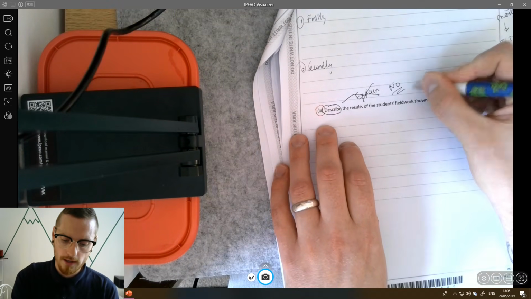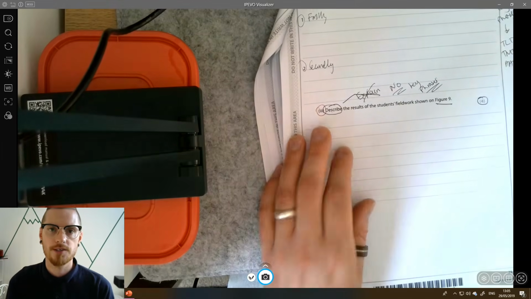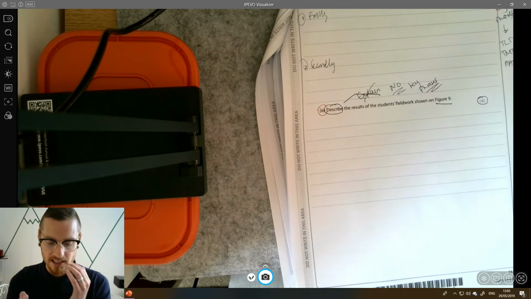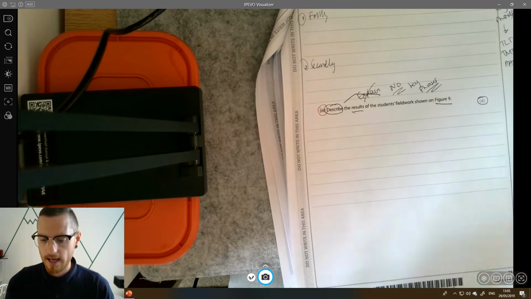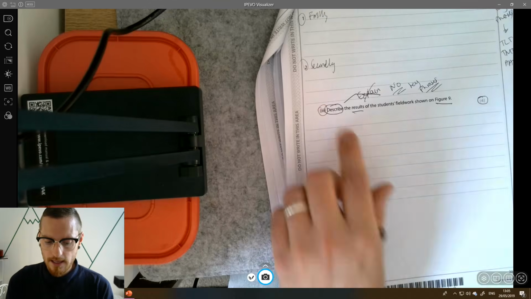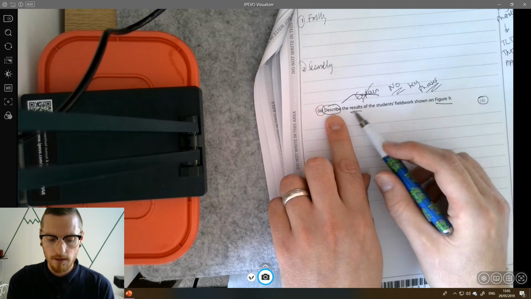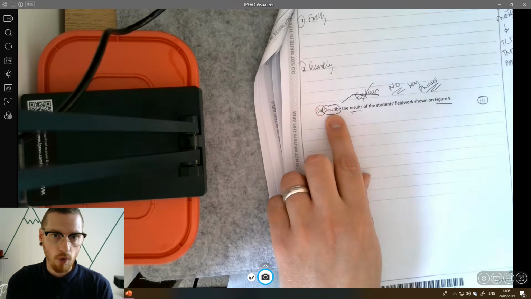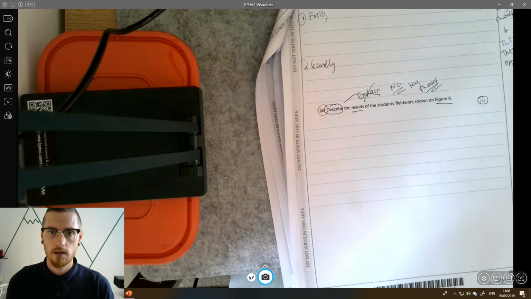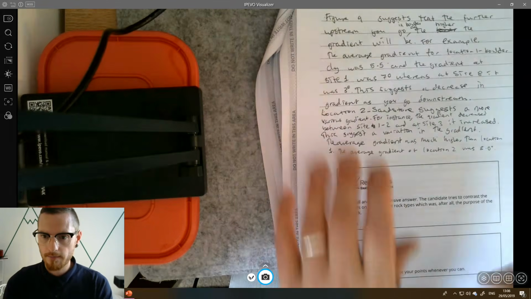Do not explain, nor use key phrases. If you develop points with key phrases and try to explain the data, explain the result, you're not going to get any marks here. All they want you to do is describe the results and support it with evidence twice. That's it. So point out something from the results, support it with evidence, do that twice.